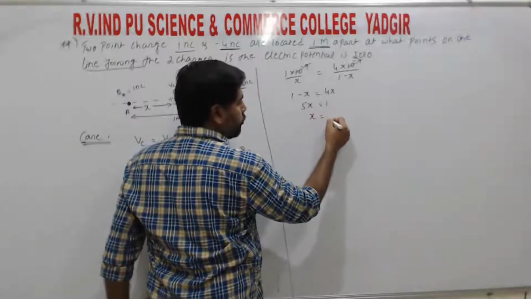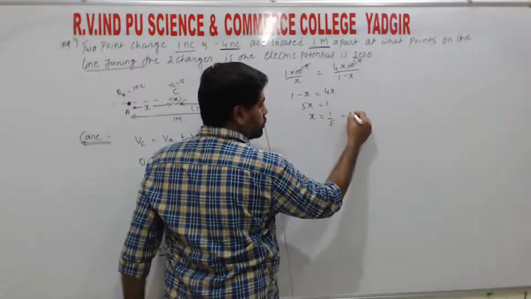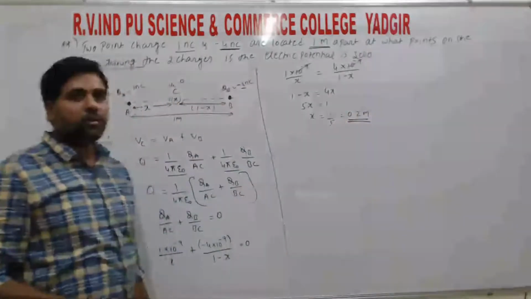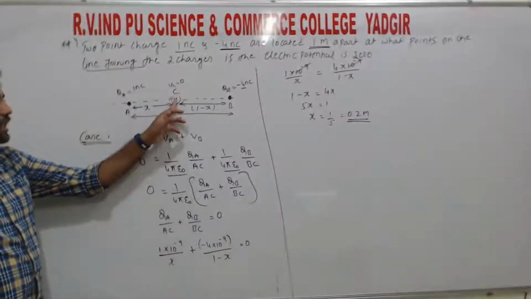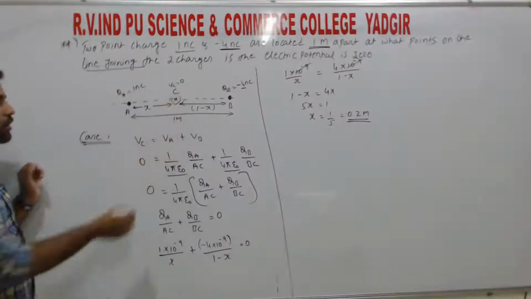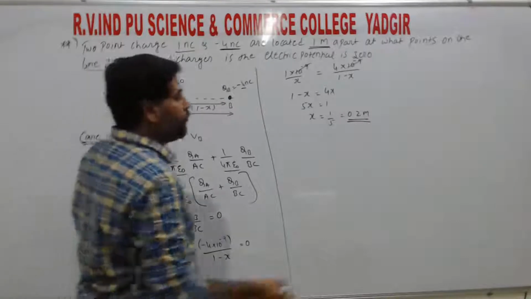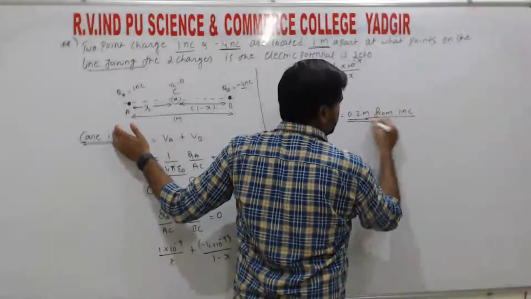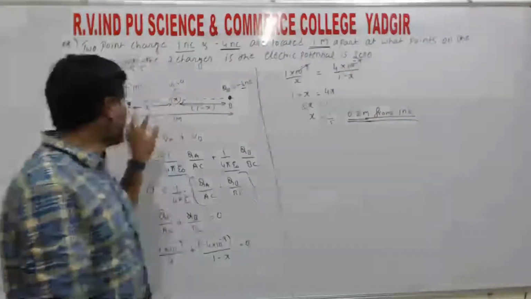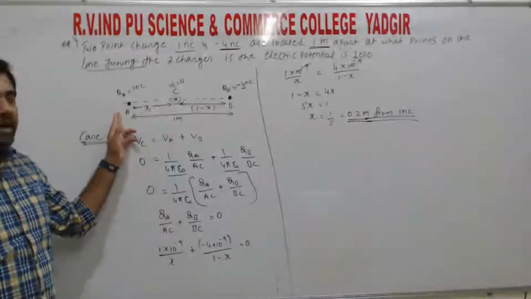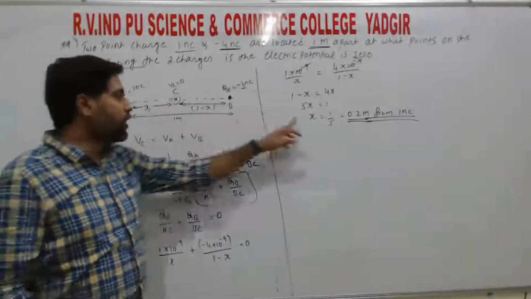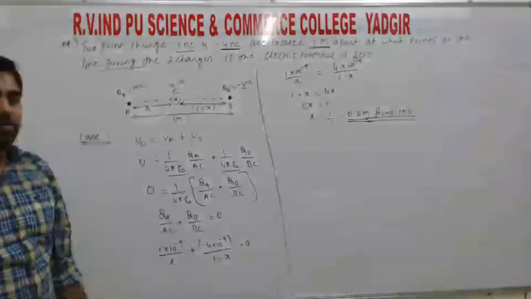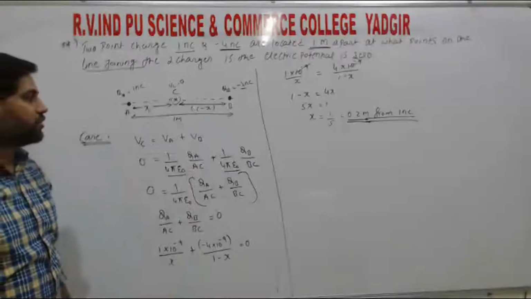Then x equals 1 divided by 5, which is 0.2 meter. So point C is at a distance x from A, and the x value is 0.2 meter from the 1 nanocoulomb charge. This is for the first case.